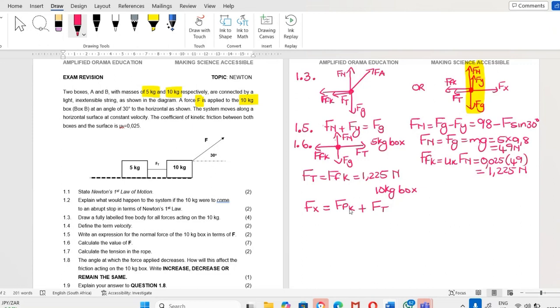Now, if that's the case, we can find an expression for Fx in terms of F, which would be F cosine 30 degrees. Then we can find an expression for Ffk, which for the 10 kg block would be Ffk equals uk Fn, and that would be equal to 0.025 into this expression of Fn that we calculated earlier on.